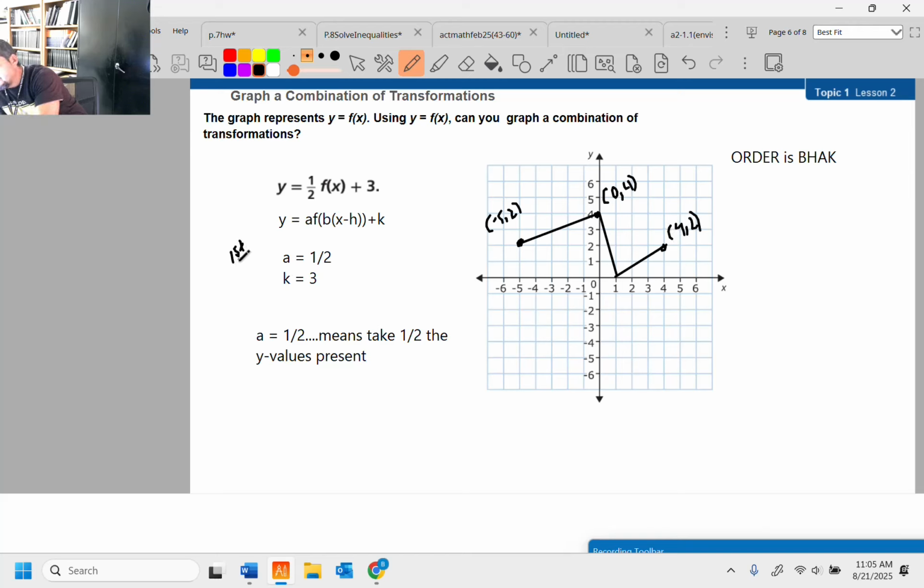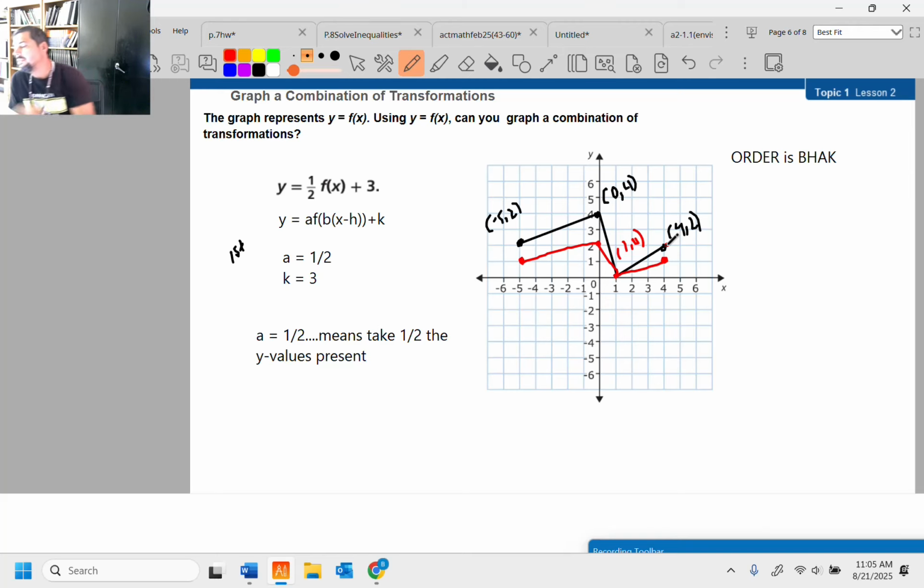It means take half the y values present. So instead of being negative 5, 2, I'm going to be negative 5, 1. Instead of being 0, 4, I'm going to be 0, 2. Instead of being 4, 2, I'm going to be 4, 1. Now, this one is not going to move. This is at 1, 0. If you take half of 0, you're still going to be 0. Hopefully you can see that it is exactly half the height that it used to be, because with an a value of a half, you have a vertical compression.